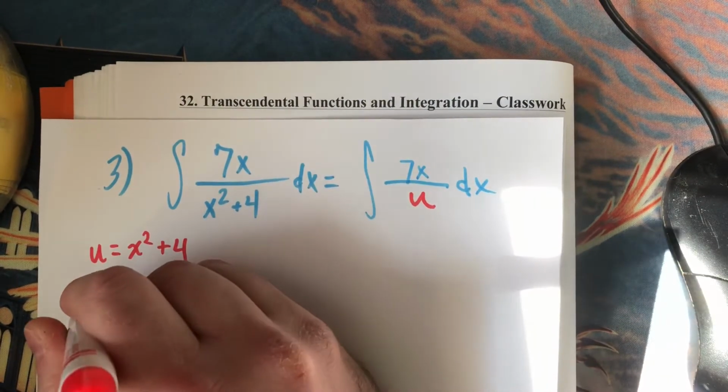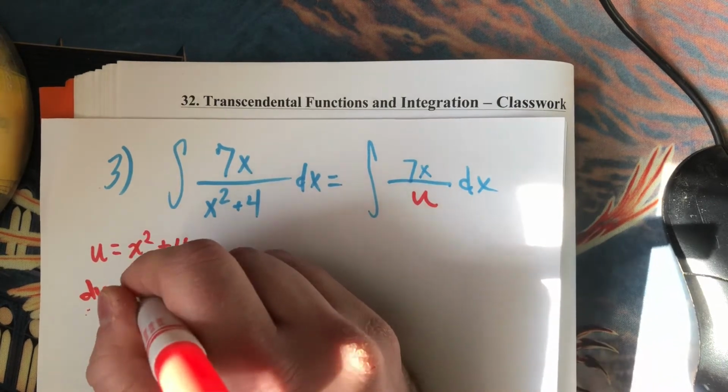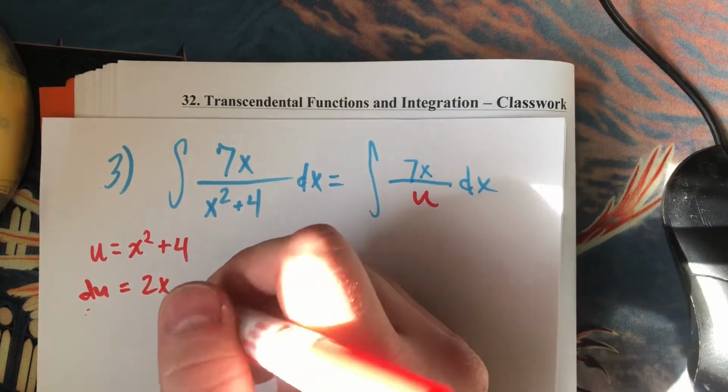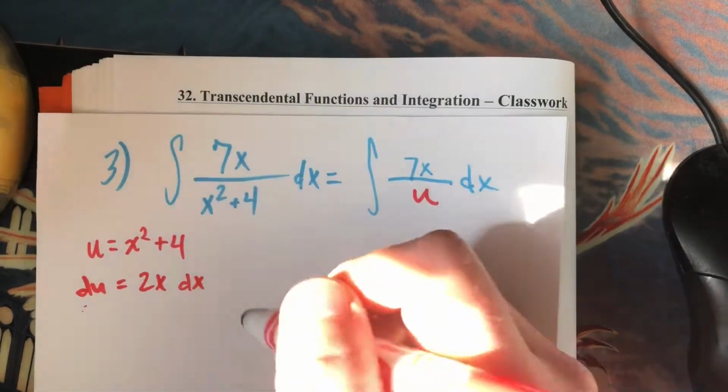And then if I think about my du dx, remember I can put du dx and then multiply the dx over here. You always do that, so I do it in the first step.